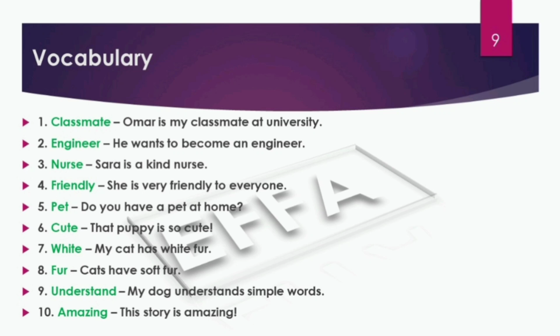Sarah is a kind nurse. 4. Friendly. She is very friendly to everyone. 5. Pet. Do you have a pet at home? 6. Cute. That puppy is so cute. 7. White. My cat has white fur.